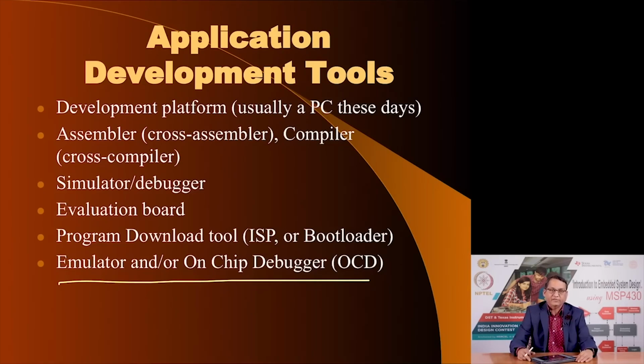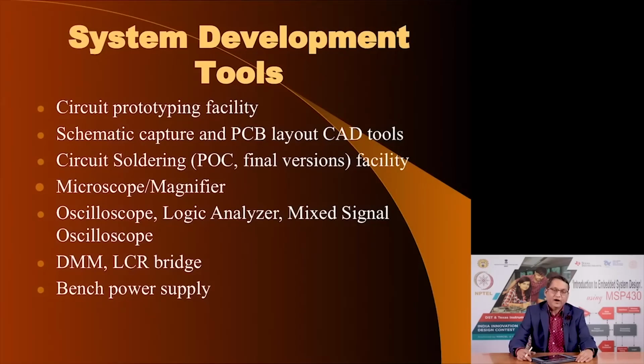Apart from the application development tools, you may also require some system development tools, and for that, once you have finalized your requirements, you may want to create a circuit board. So you need some circuit prototyping facility. You may also need schematic capture and PCB layout tools. I mentioned in the first lecture that it would be nice if you could download and use EagleCAD, which is a PCB layout software.